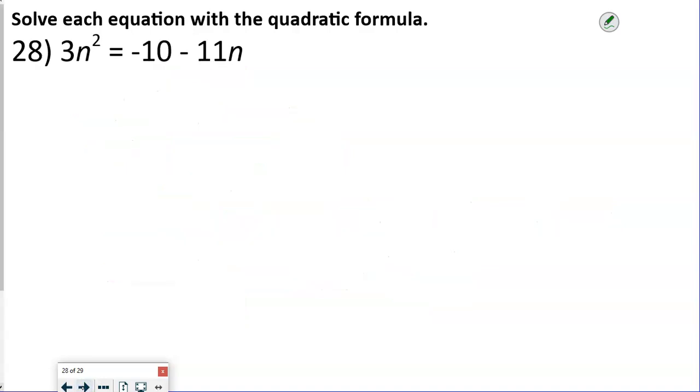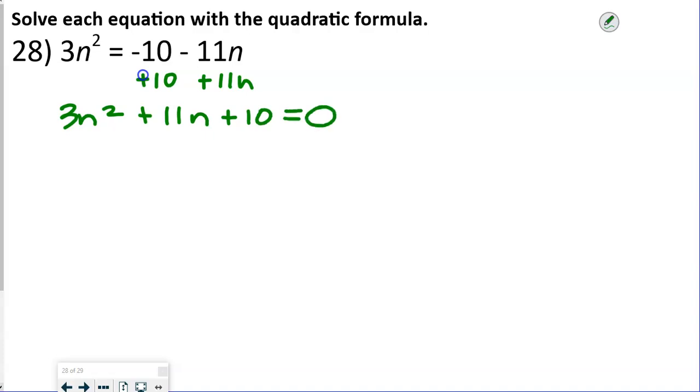All right, again, going to move the stuff on the right to the left. So that's going to be plus 10 plus 11n. So that's 3n squared plus 11n plus 10 equals 0. A equals 3, B equals 11, C equals 10.